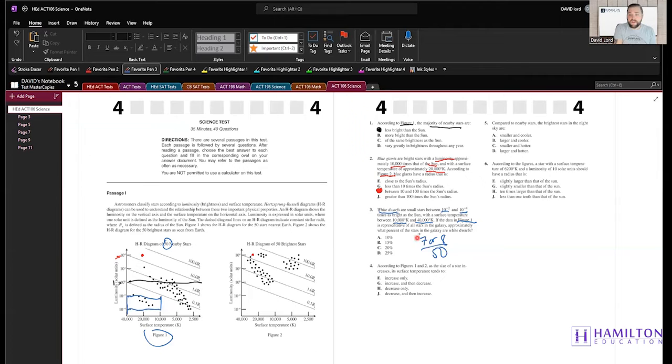Now, if you couldn't divide 7 by 50 quickly, one thing you could do is multiply the bottom and the top by 2, and that makes the bottom out of 100. So then I get 14 or 16%, which, looking at the answer choices, 15 is right in the middle of them, so that's pretty close to what we want. 10 is too small, that would only be 5 stars, and 20% would be too big, that'd be 10 stars. So that's why the answer was B.